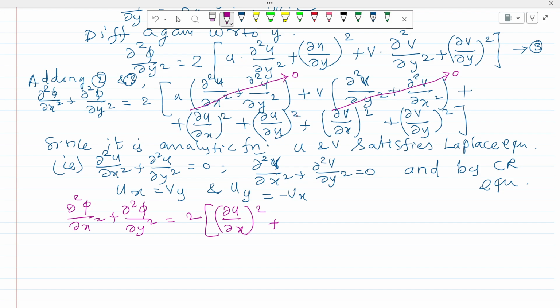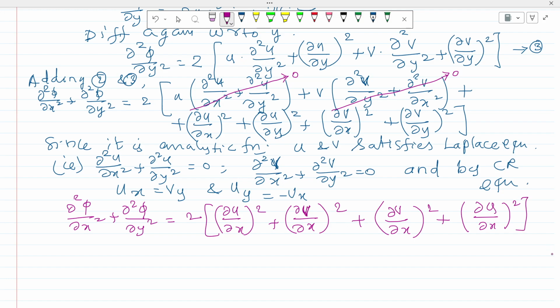That minus, when squared, will be plus. So (∂v/∂x)² plus, once again, (∂v/∂x)². Here ∂v/∂y can be written as ∂u/∂x, whole squared.